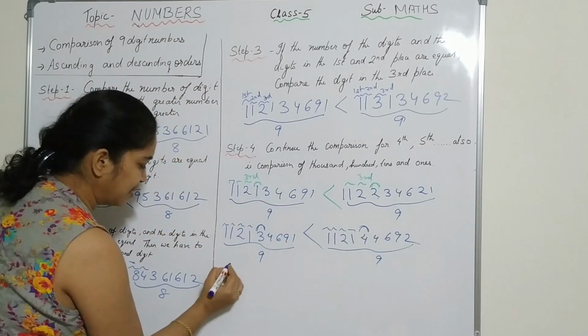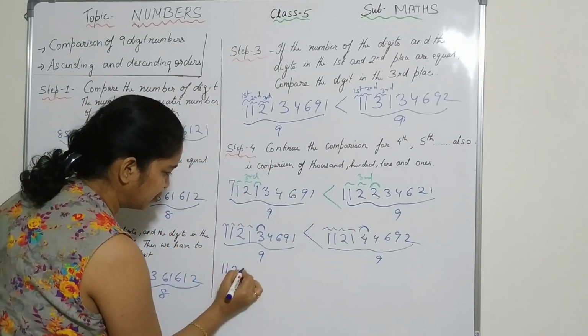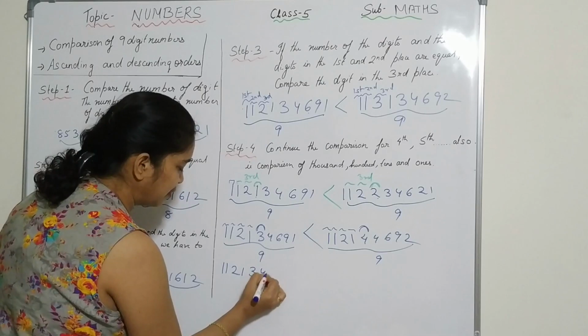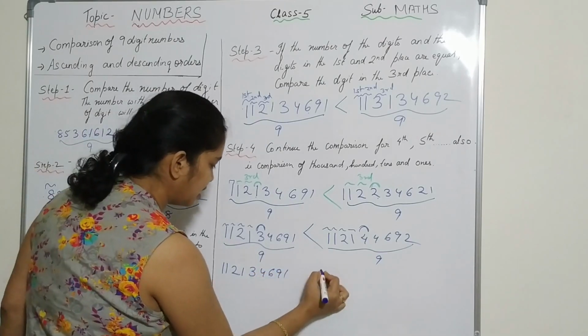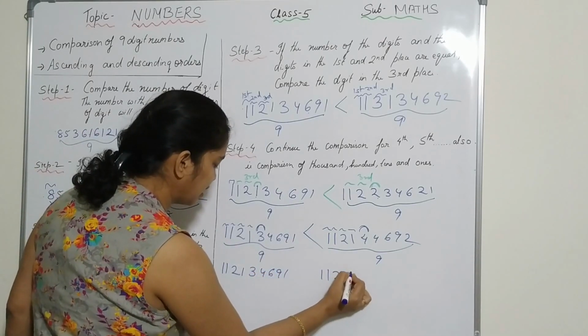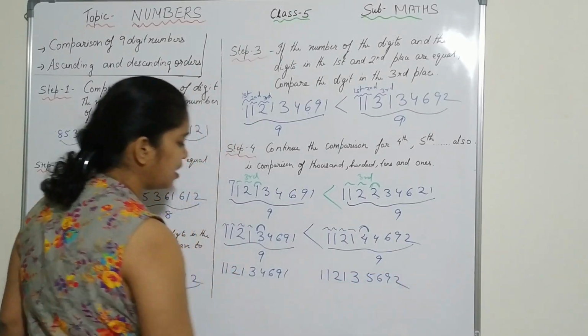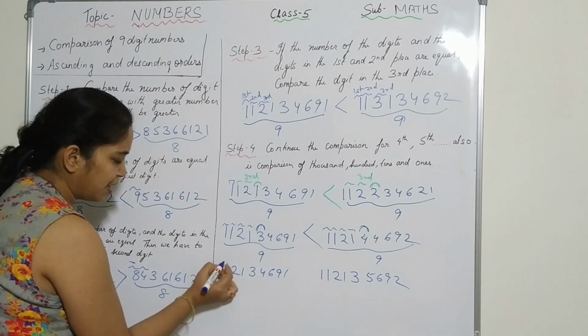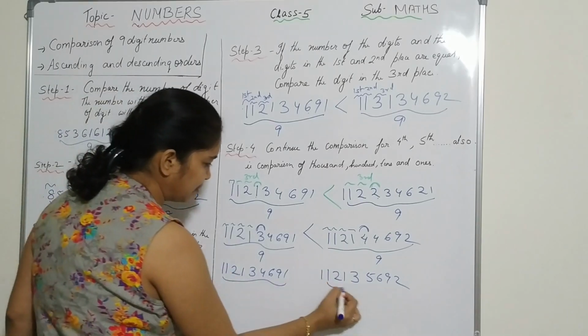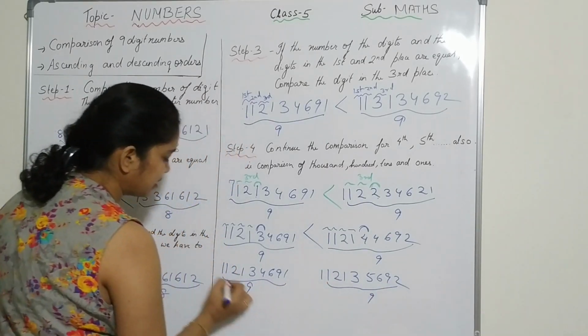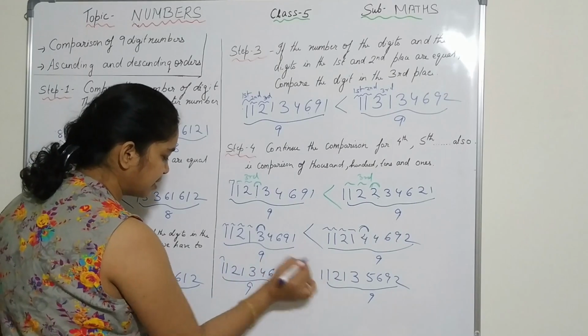I will show you one more example. 1 1 2 1 3 4 6 9 1. Here also 1 1 2 1 3 5 6 9 2. I've taken another number, and all these numbers are 9-digit. Now compare the first one, same.